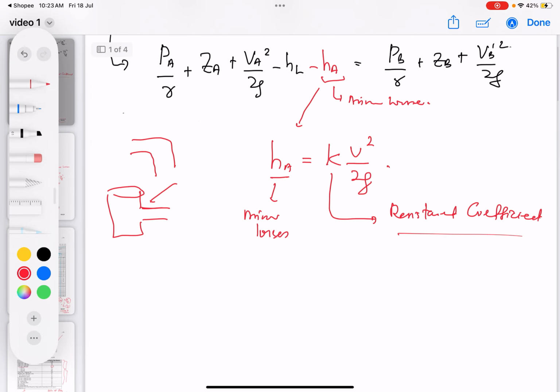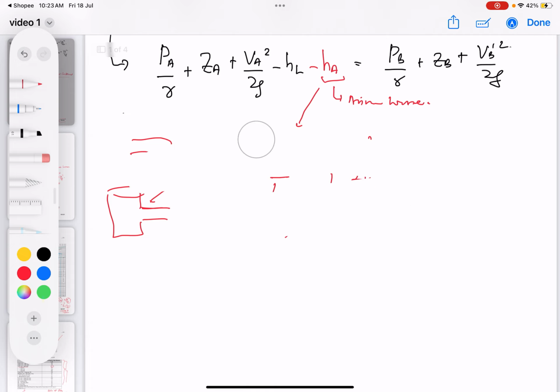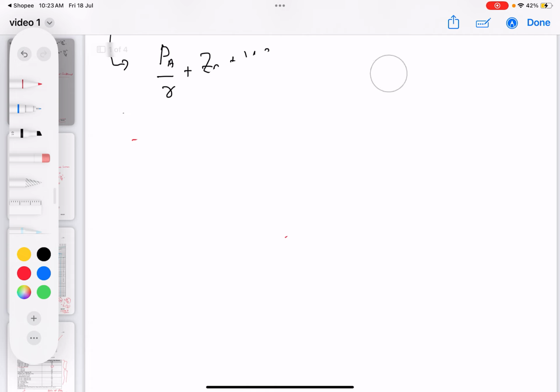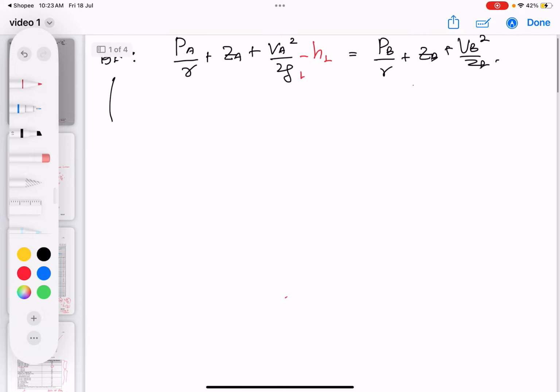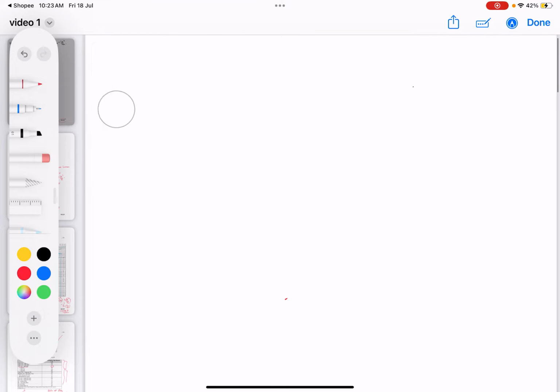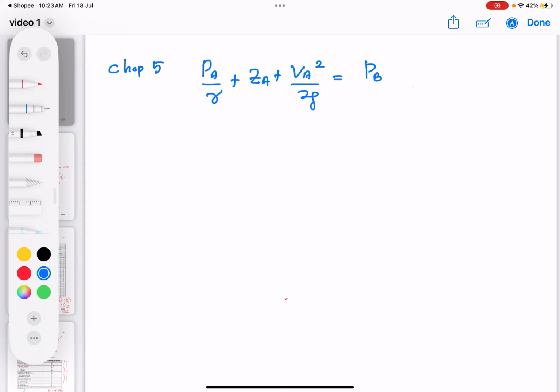Now let me erase everything first. In chapter number 5, we have Bernoulli's equation, which looks something like this.